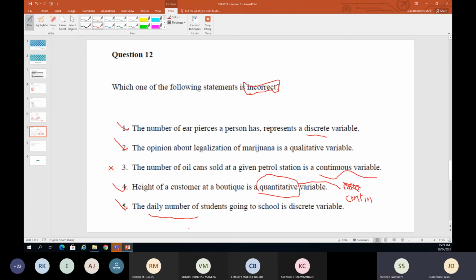And I think that is important when we also go through some of the exam papers and other questions, that we really need to look at what the question is that they're asking. Happy with that? Yes.